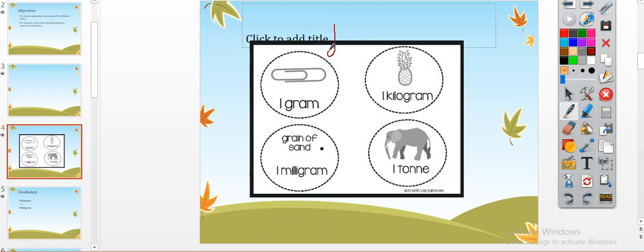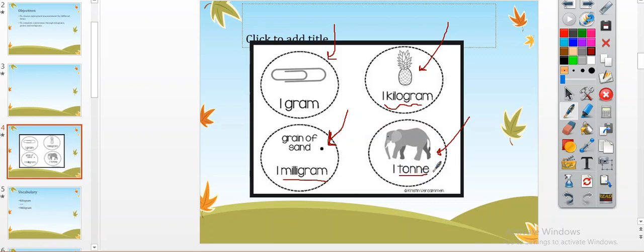Now, as you can see here, I have a clip, and the mass of a clip is a gram. I have a grain of sand. The mass of a grain of sand is 1 milligram. The pineapple almost measures 1 kilogram, and the elephant measures a ton.